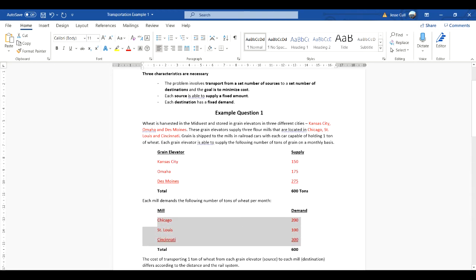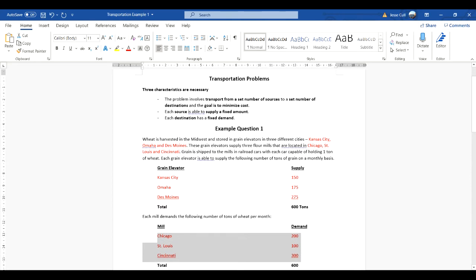Okay. So looking at our 3 necessary conditions right here. 1, transport from a set number of sources, 3 sources, to a set number of destinations, 3 destinations. Each source is able to supply a fixed amount.